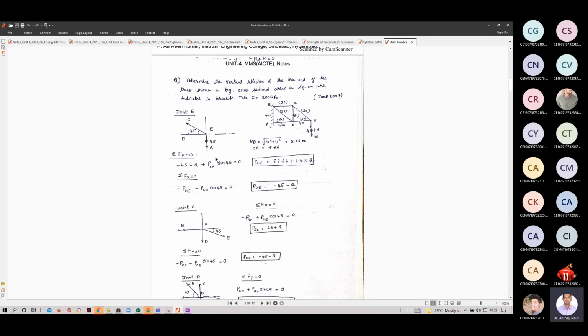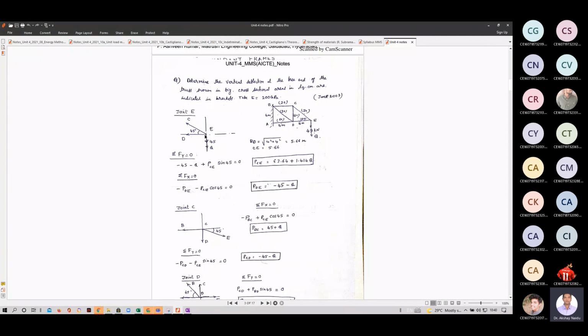So something very interesting. Now, if you have something like this, you don't have to find the support reactions first. You go to this end joint. At any given joint, there should be two unknowns and other should be known. So at E, the unknowns are these member forces.